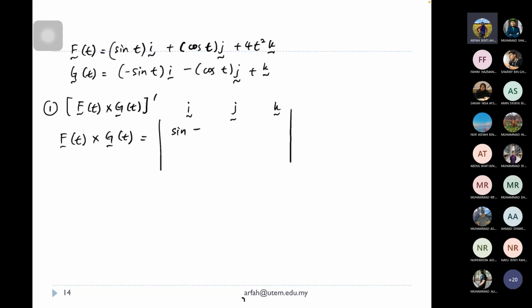This one is sin t, this one is cos t, this is 4t squared. Dua, negatif sin t, negatif cos t, 1. Okay. So cuba buat dia punya cross product. Untuk i, tutup kolom i. Untuk j, tutup kolom j. Untuk k, tutup kolom k. Then you will get one by one.